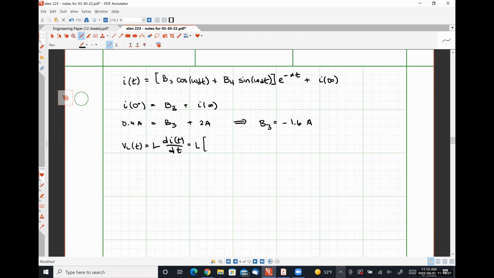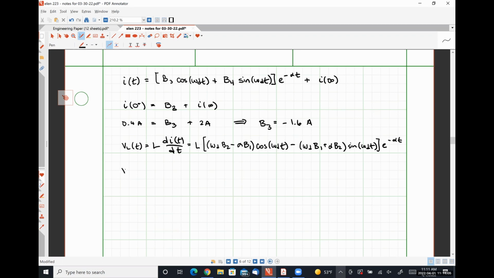So for an underdamped system, the derivative of our quantity of interest is going to be (omega_d B2 minus alpha B1) cosine omega_d t, minus (omega_d B1 plus alpha B2) sine omega_d t, that whole quantity times e to the minus alpha t.